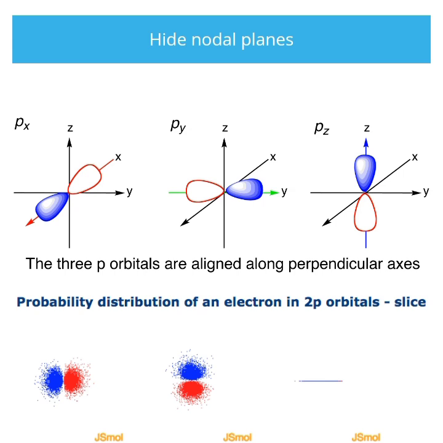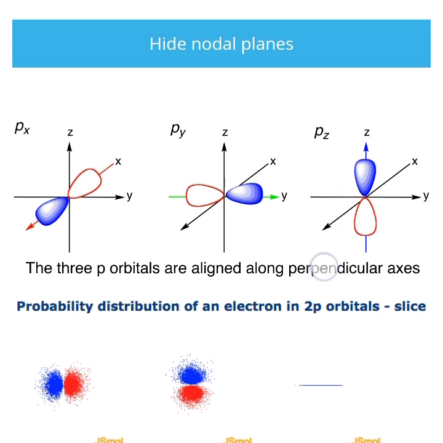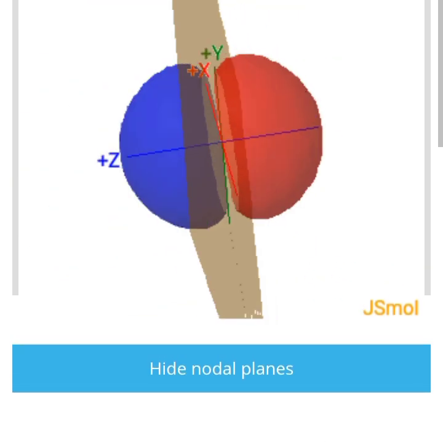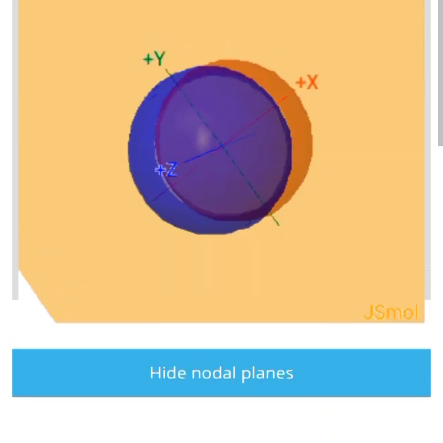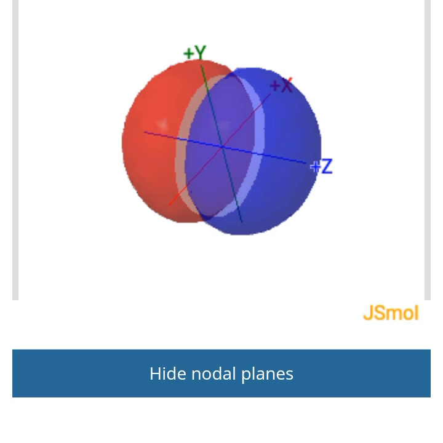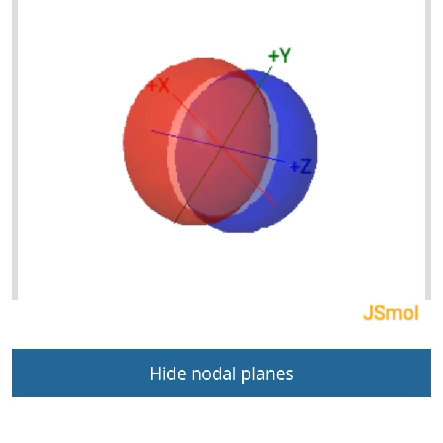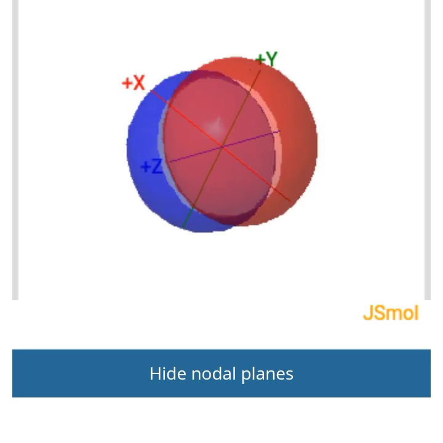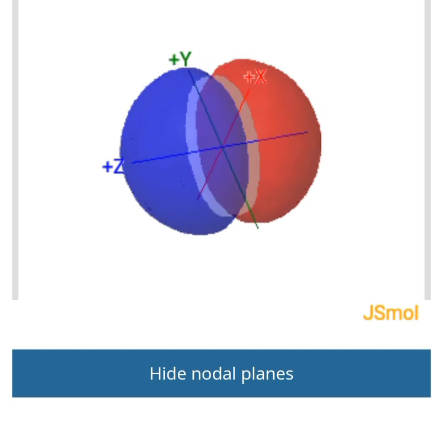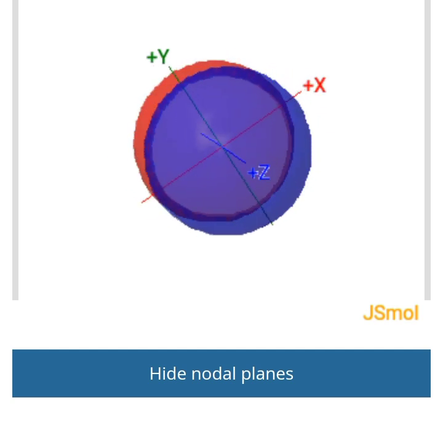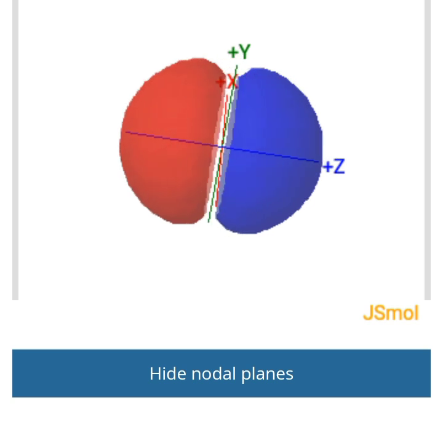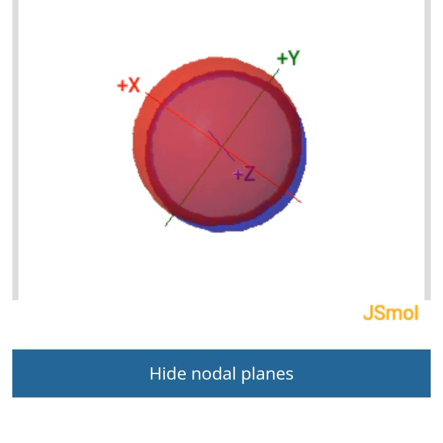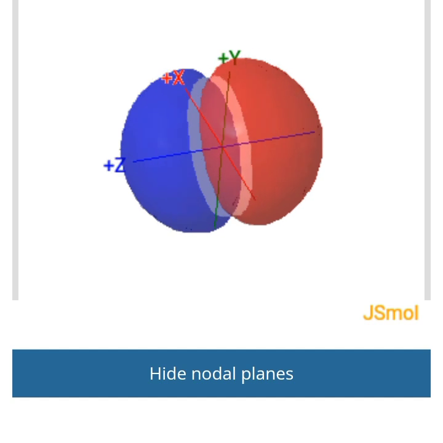One orbital can occupy 2 electrons. So the maximum number of electrons in the p subshell is 6, because the number of orbitals in the p subshell is 3: px, py, and pz. If the 3 orbitals, px, py, pz, meet together, they can occupy 6 electrons.